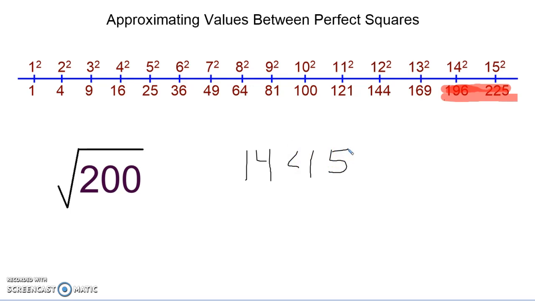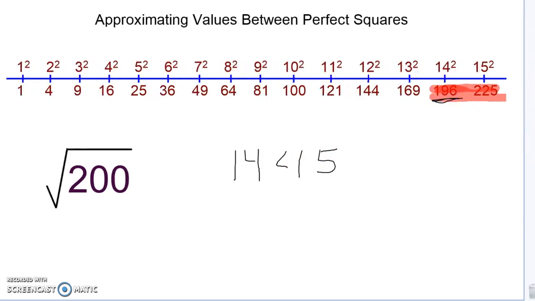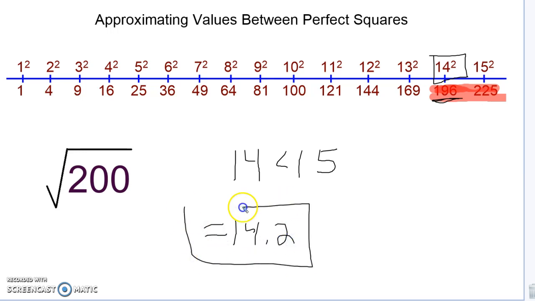Because it is closer to 196, its square root is going to be closer to 14, and it's going to be less than 14.5. So we're going to say it's about 14.2, maybe 14.3. And so that's about where this one falls.